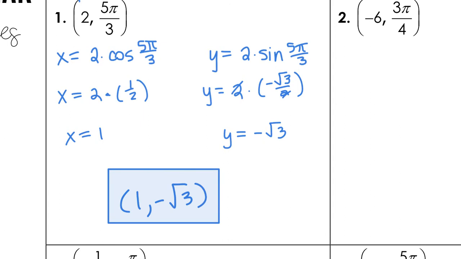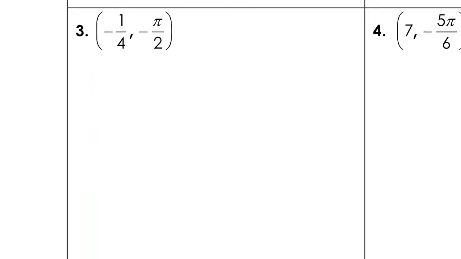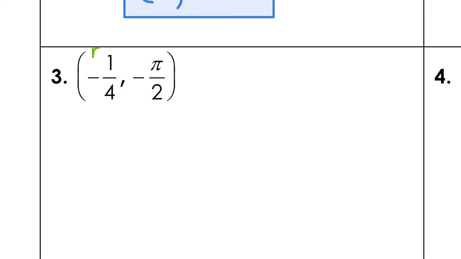Okay, let's do another one. I'm only going to do the odd ones here, so let's go right below. We have negative 1/4 and negative pi over 2. This first is our r. This is theta.